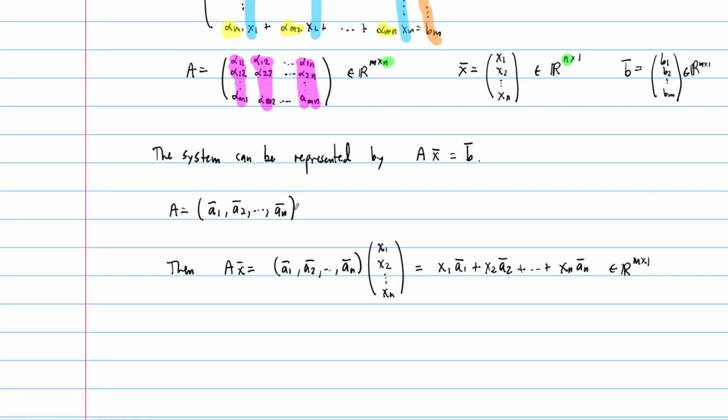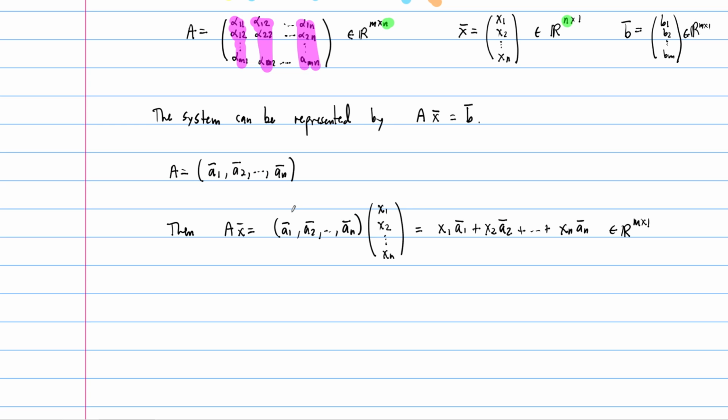And so that's how we can reframe this. So these unknown constants are the coefficients that you're looking for that will make the columns of A as a linear combination add up to this vector b. So that's a lot of different ways to say the same thing. They're all saying the same thing, right?